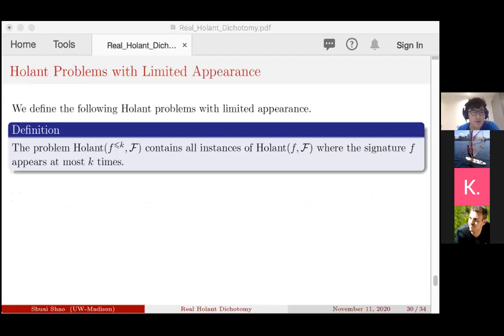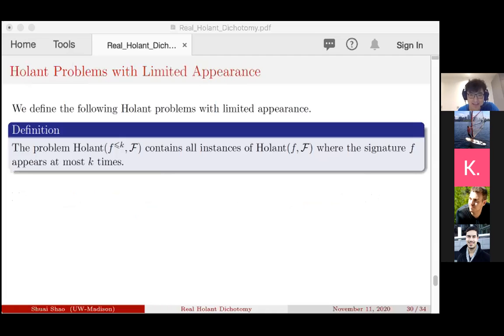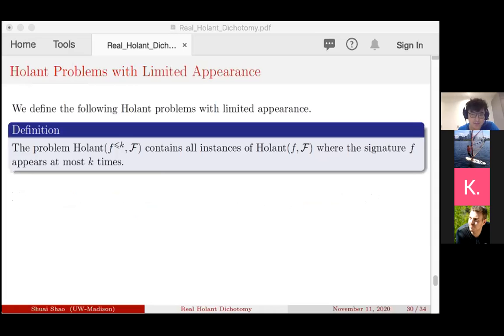So now at first we would like to realize a signature by gadget construction. If we can realize binary signatures by gadget construction, then we can use it an arbitrary number of times. Each time it appears, we just replace it by a gadget. Now we introduce the Holant problem with limited appearance.